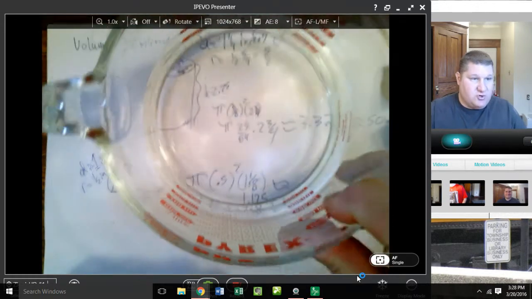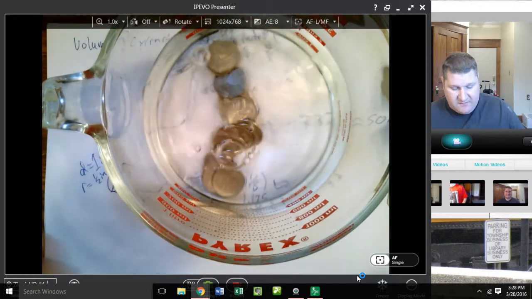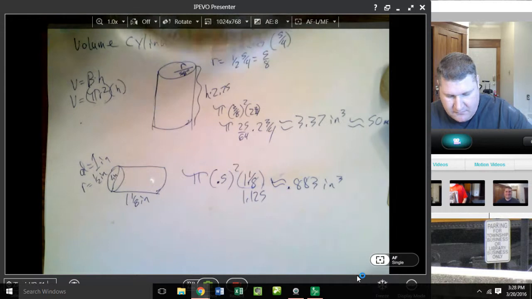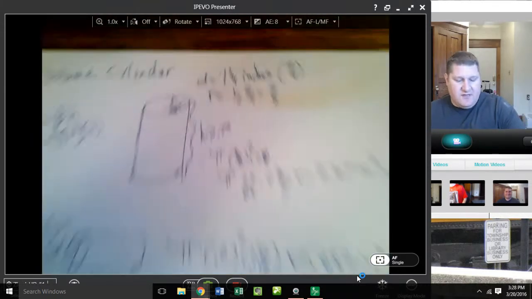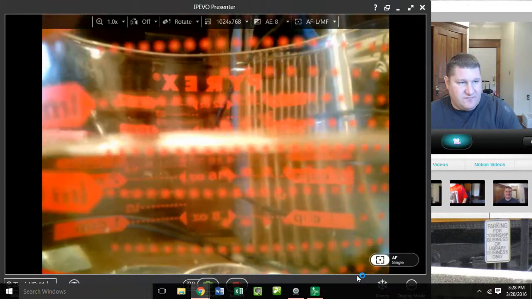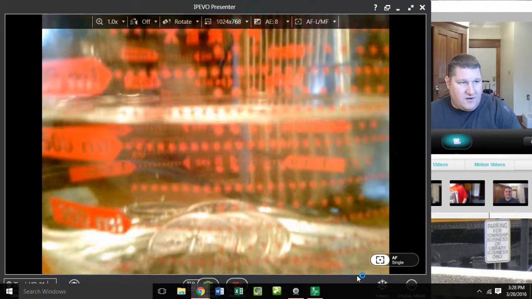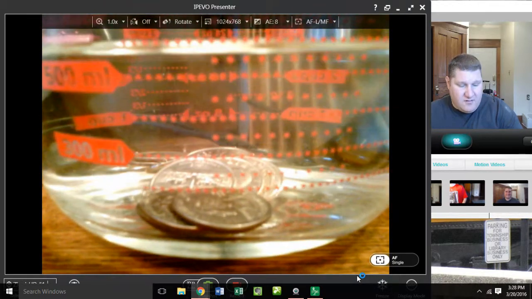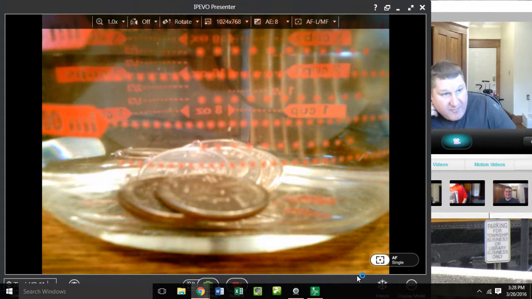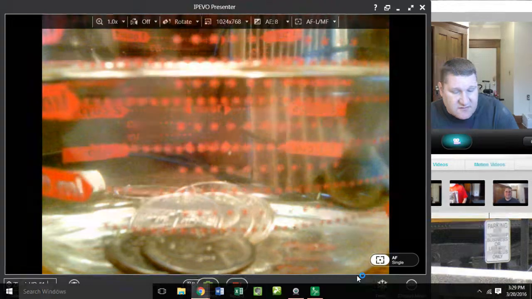Well, that becomes super easy with displacement because these are metal and they sink. So drop them in, and what you'll find is that our dimension has gone up, but it's only gone up by about a quarter of the way to the 50.